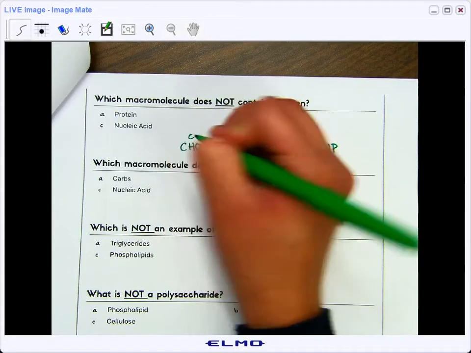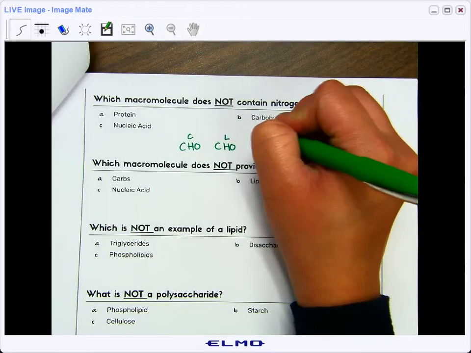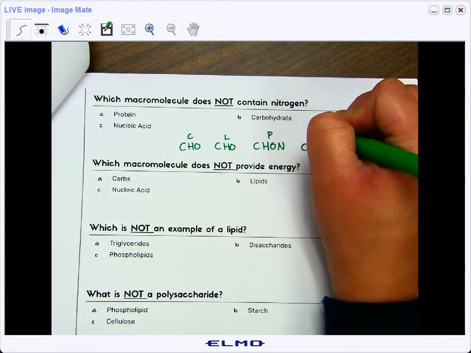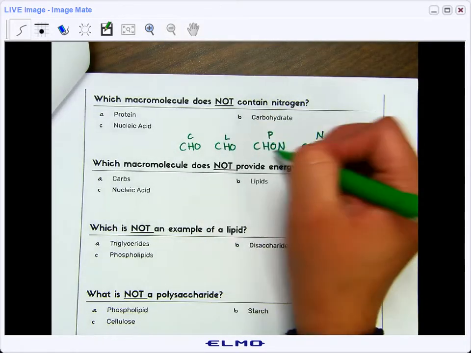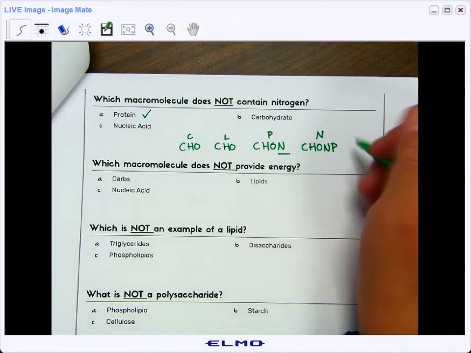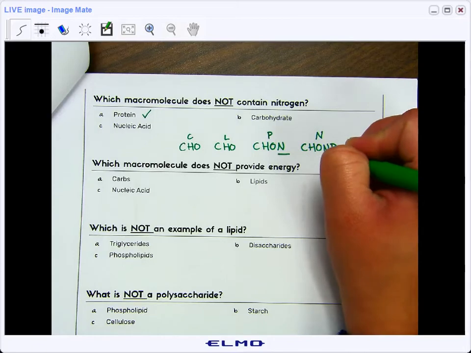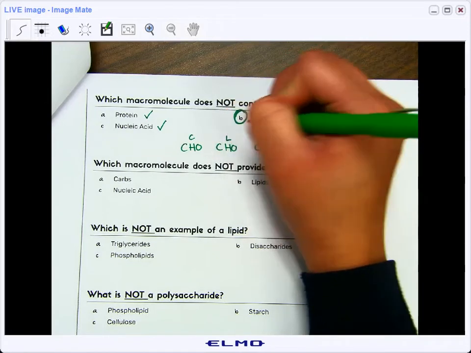CHO was for carbs, the second one was for lipids, the third one was for proteins, and the last one was for nucleic acids. Proteins contain nitrogen. Nucleic acids contain nitrogen. The only one that does not is your carbohydrate.